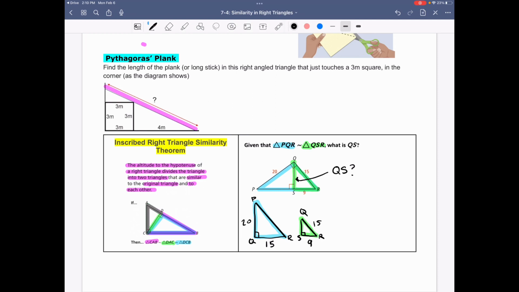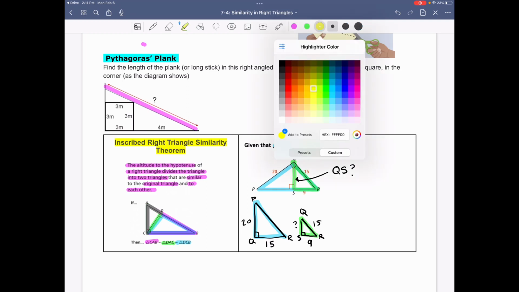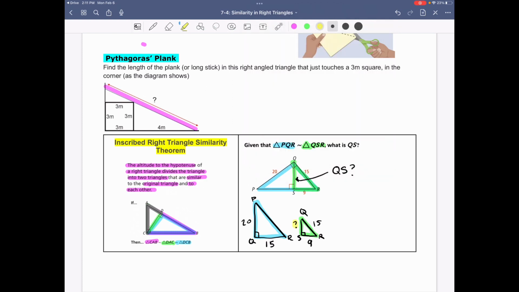Now it'll be easier to correspond sides. And what we're trying to figure out is QS. That's what we're looking for.